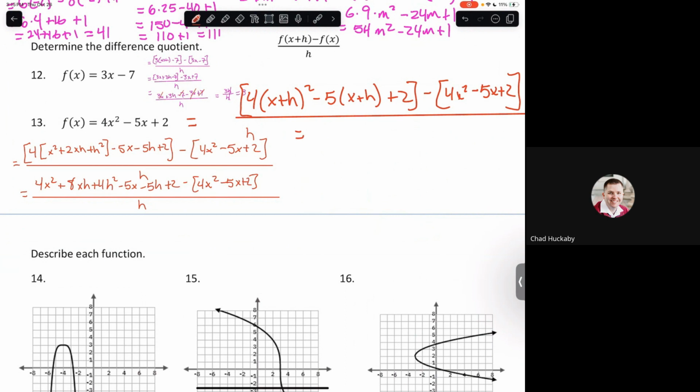Let's just do one rewrite where we distribute the negative to each of those terms.